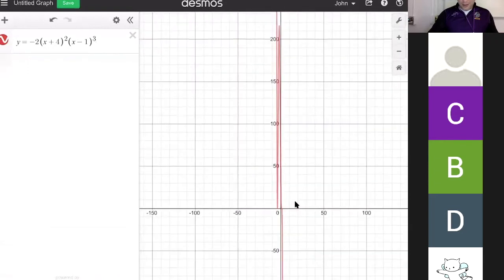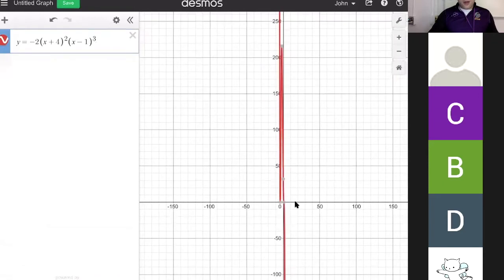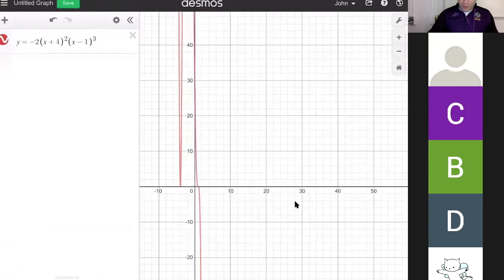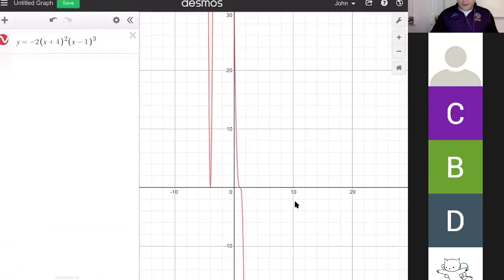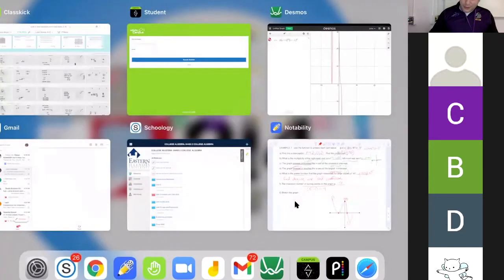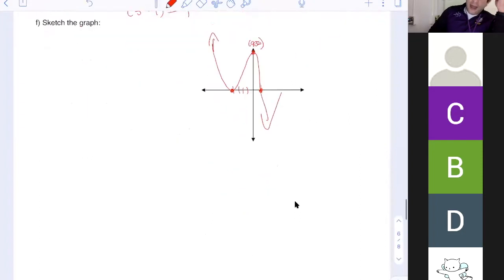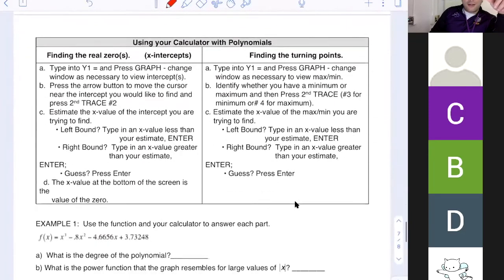I mean, this hump is way higher than what I had thought, but still, it goes through those points, and it's very narrow, right? So again, I didn't need a calculator to get the gist of what this graph looks like. I just used my knowledge of crossing and touching, okay? That, I did not do at first block. So you guys got the star treatment there.